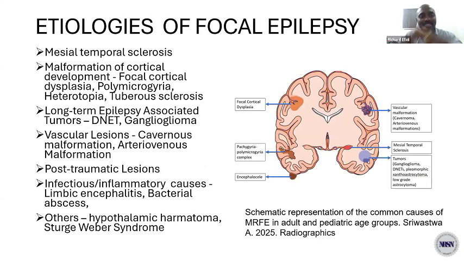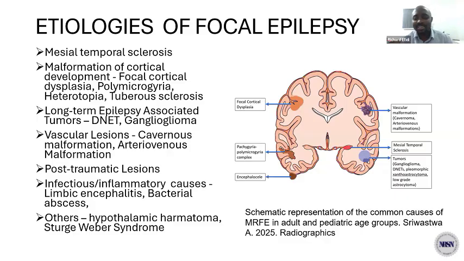Now, there is also the etiological classification of focal epilepsy. And the common ones are what I illustrated here. Usually, mesial temporal sclerosis and focal cortical dysplasia, which is a malformation of cortical development, tend to be the most commonly encountered lesions in the daily routine of radiologists.